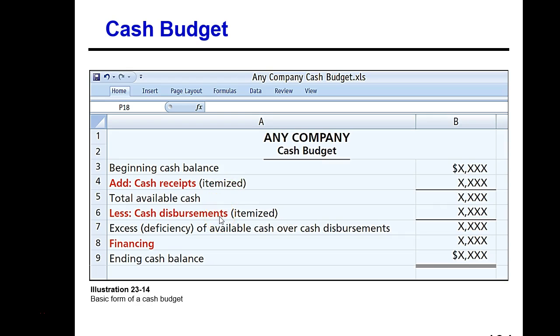Subtract out all of your cash disbursements. Notice that both of these are going to be itemized, and that will show whether you have an excess of cash or if there's going to be a deficiency. If we have a deficiency, we look at our financing options to get our desired ending cash balance.